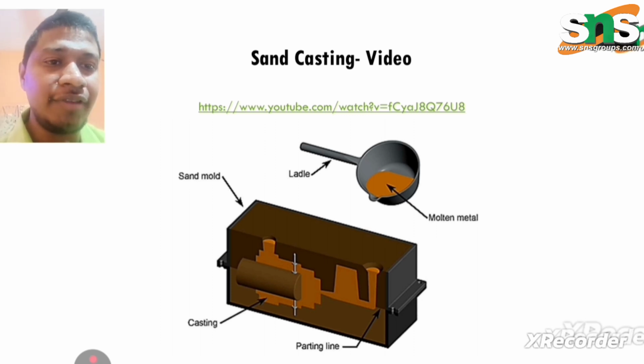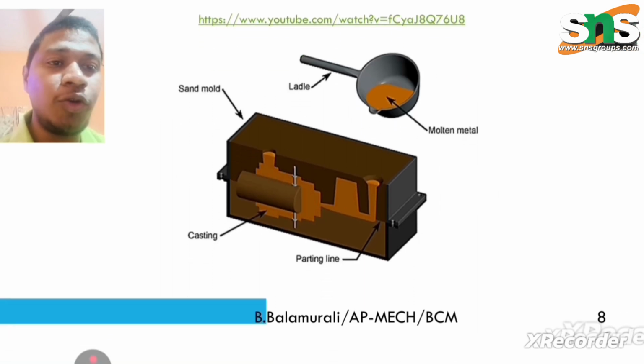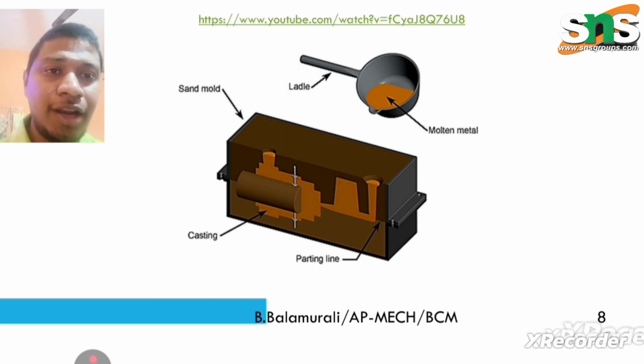After filling, it rises again. After rising, we ensure that all the molten metal has filled that particular area of the casting. After a certain cooling time, we can remove the sand and get the casting.